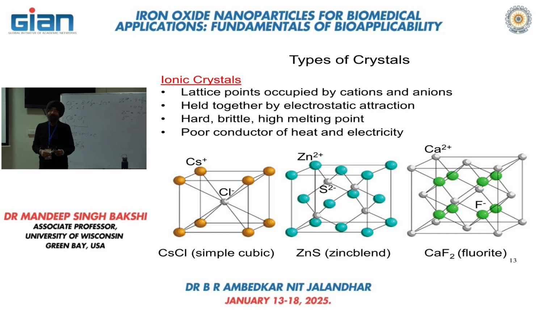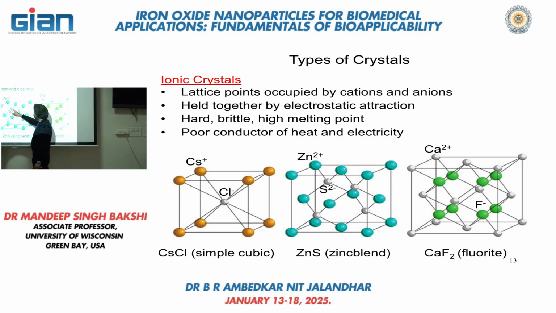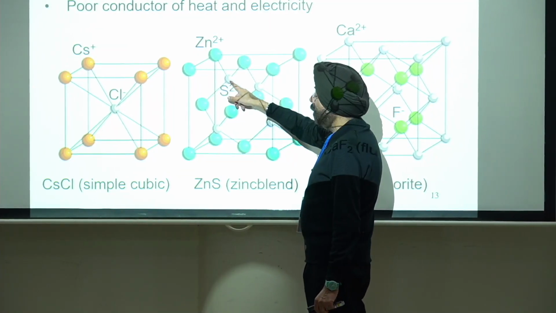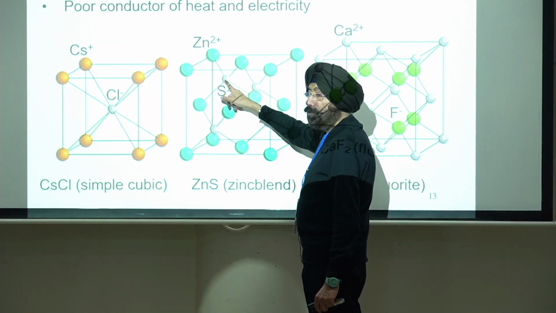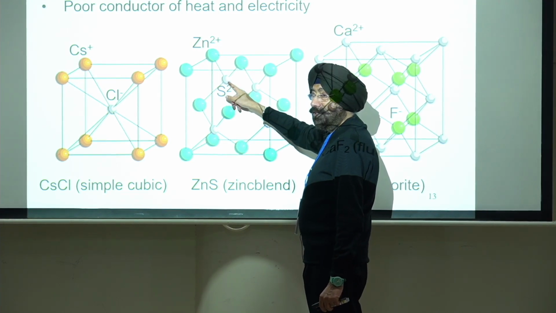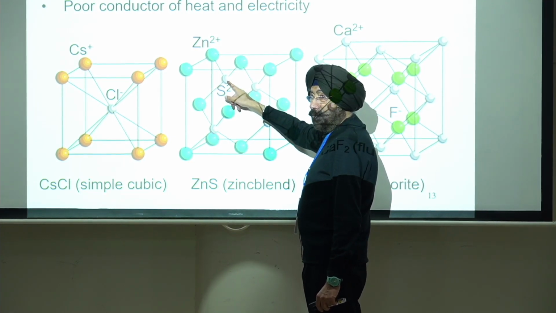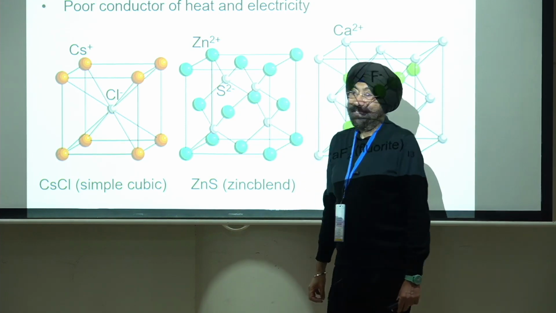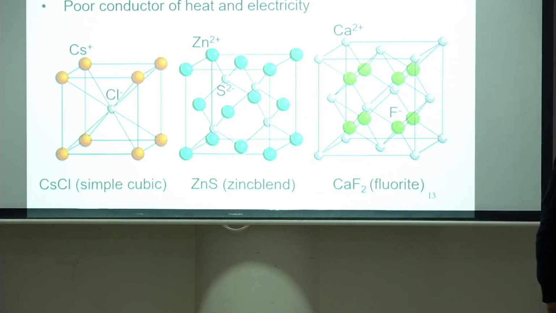It is much easier to understand when the atom is exactly at the center, but when it's slightly off... Is it sp3? Which one is this? sp3. And is it octahedral? So tetrahedral, correct. So this one is tetrahedral.